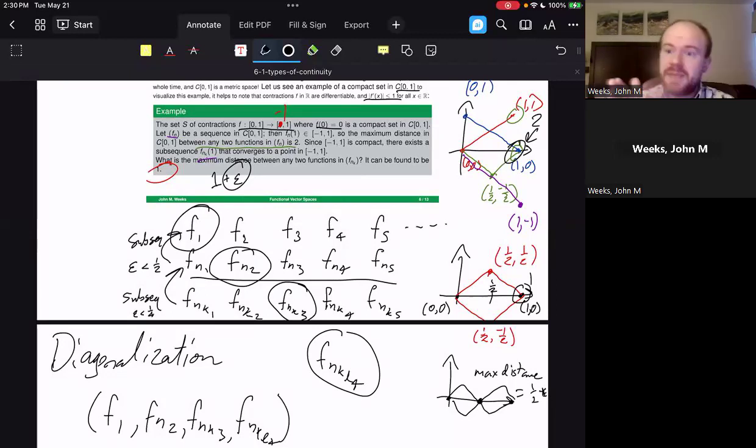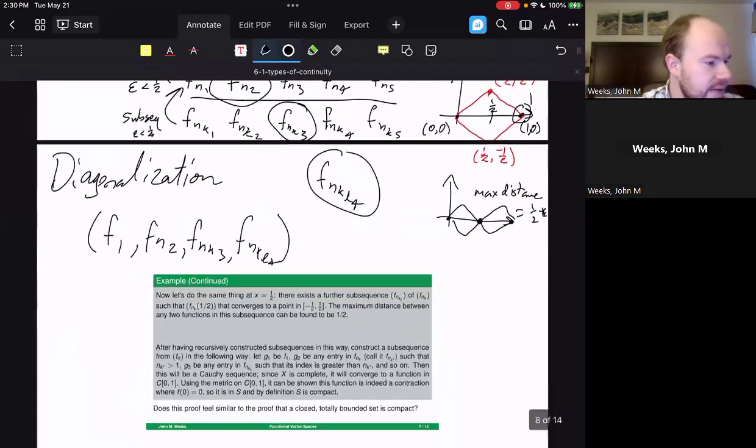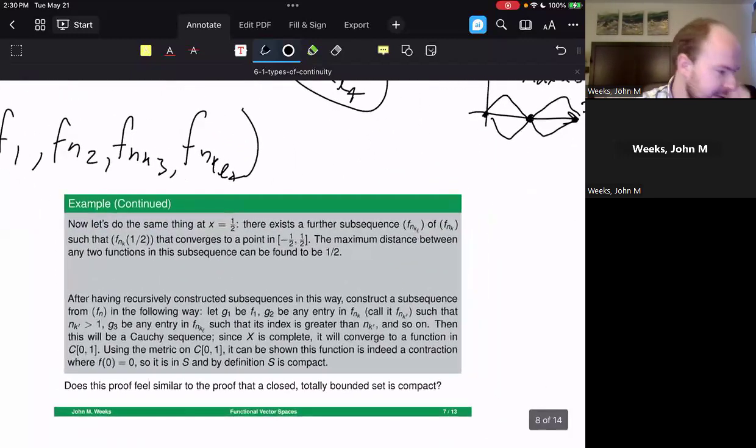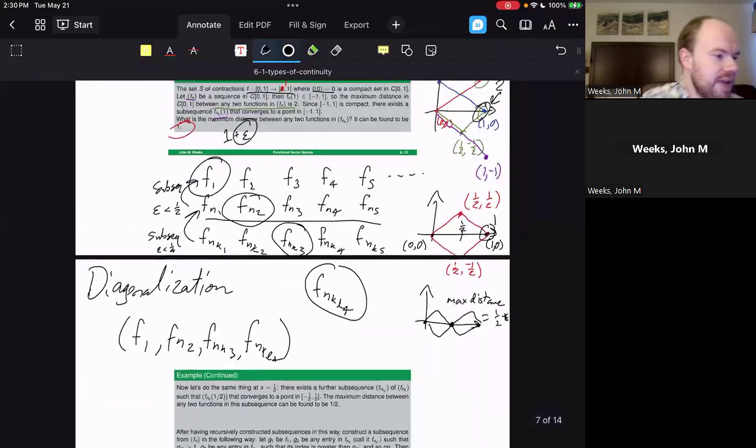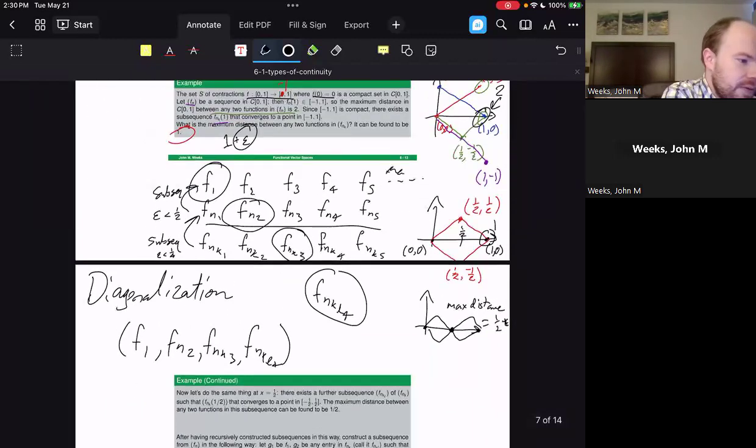Well, I am going to get a subsequence. Each n value is bigger than the one that came before it because each subsequence is a subsequence of the one that came up above it. And what I end up getting from all of that is this sequence that has to eventually have distance between those functions go all the way down to 0. Because again, think here, the maximum distance was, say, 2.